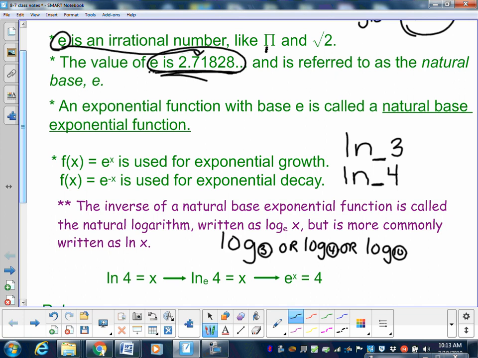It's the only base that you can use in natural logs. Look at logs: it was base 3, base 4, base 10, base 7, base 8. There's a whole bunch of base numbers we've already learned, right? There's only one base number when you work with the log of the natural. What's the only base number? The base e.